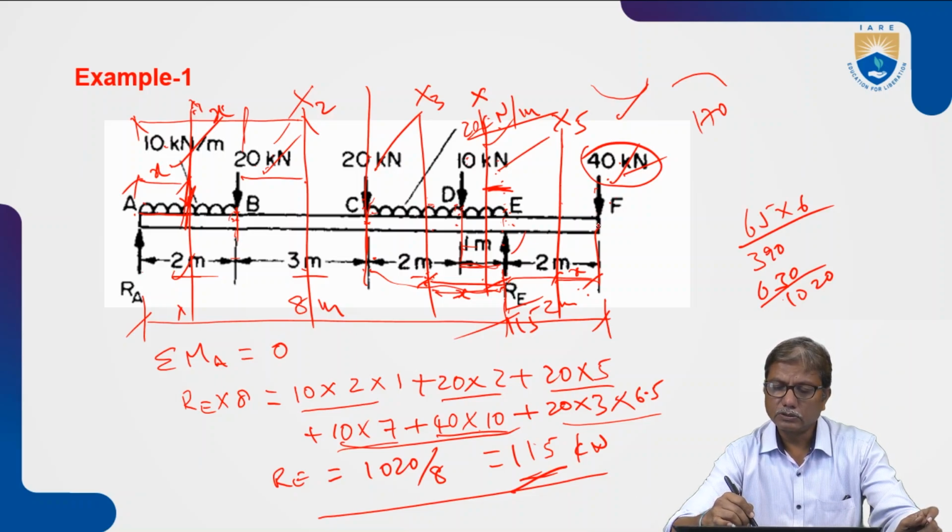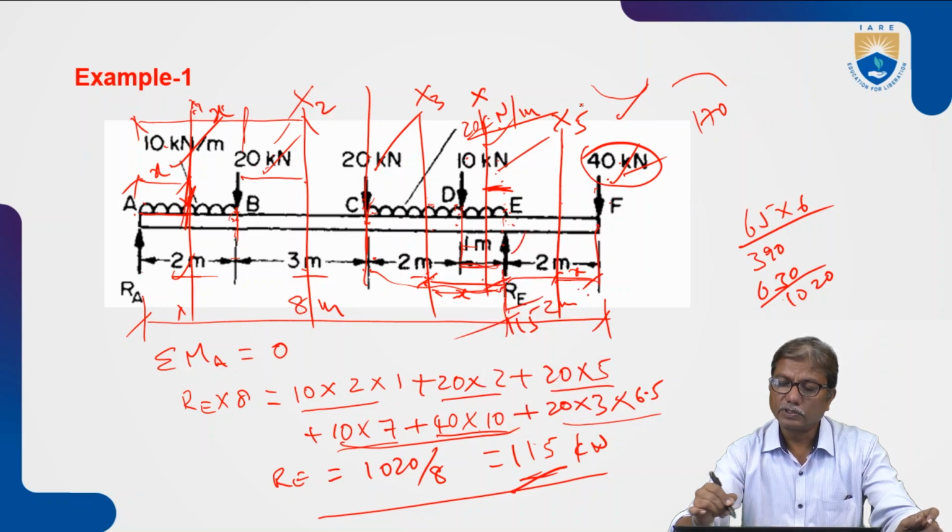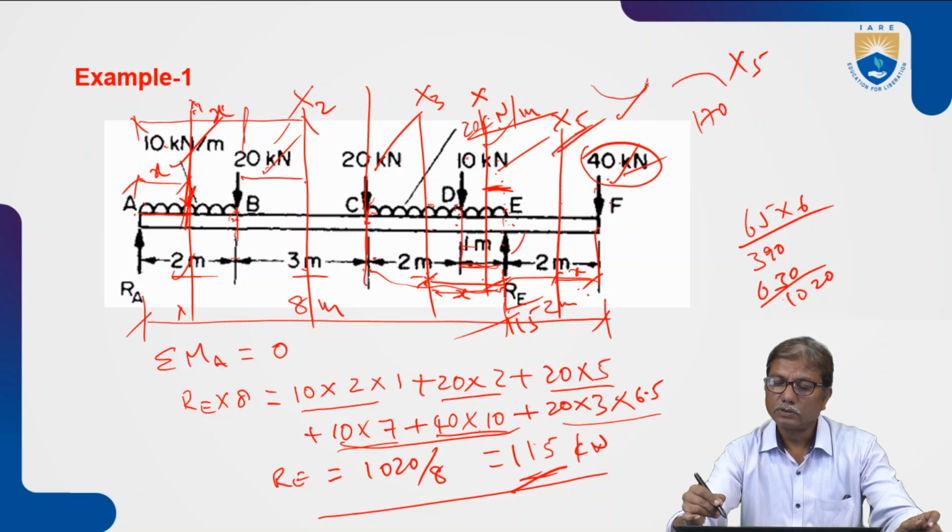At x equal to 0, bending moment at F is 0. So for the section between E and F, shear force at F is equal to 40 and shear force at E is equal to 40.